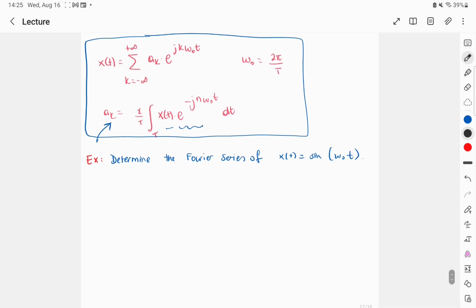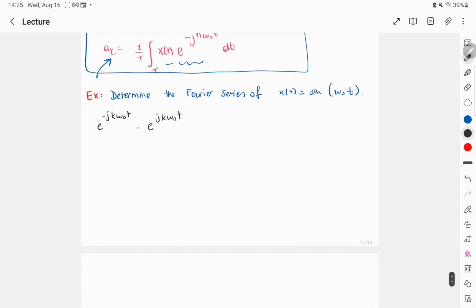First of all, as we have derived Euler's equations before, we can try to add up these two values. And as we know, this one will equal cosine negative jk omega plus j times sine negative jk omega minus cosine jk omega plus j sine jk omega.